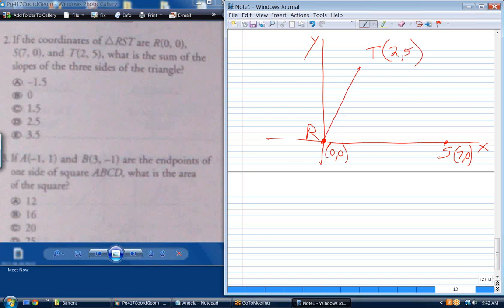So here's our triangle. They want the sum of the slopes.